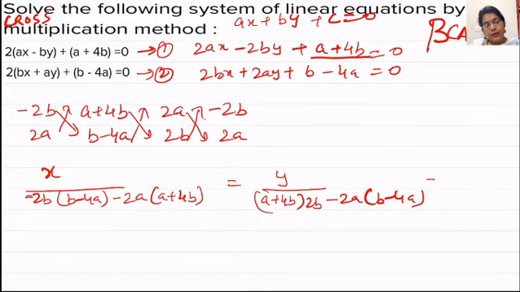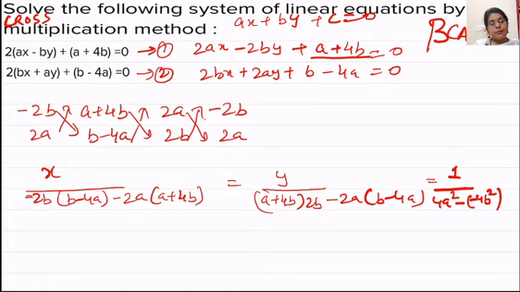Now we will write is equal to 1 upon 4a square minus, and 2b into minus 2b is minus 4b square. This we have done.